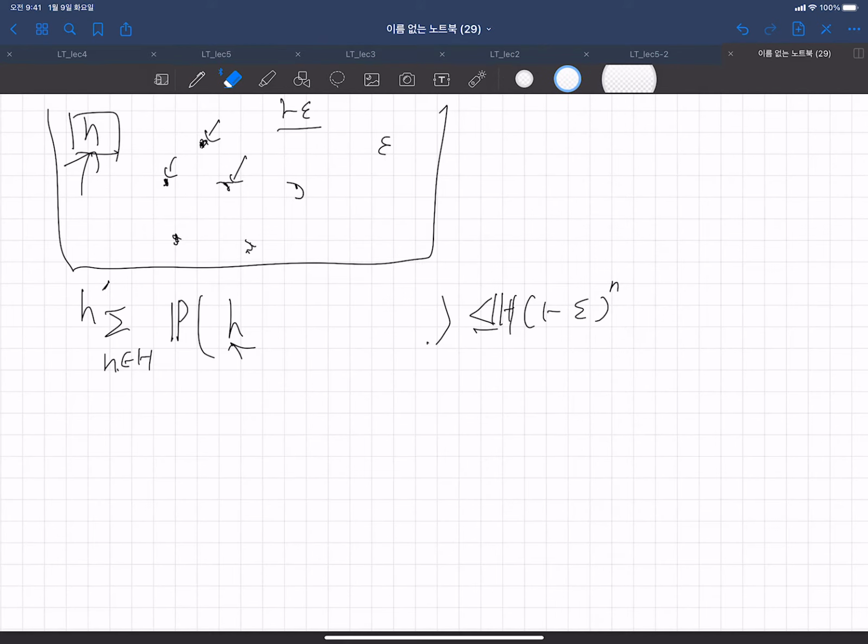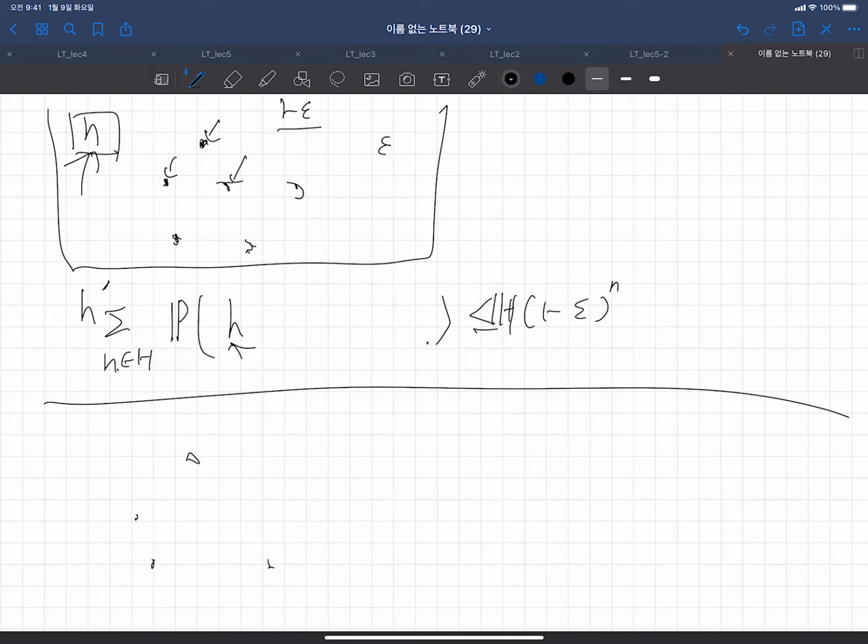We now first sample n data points and then consider hypotheses so that we can deal with an infinite-size hypothesis class. Okay, first sample n data points, and then from the VC dimension theory, we know that there are at most this many possible hypotheses.